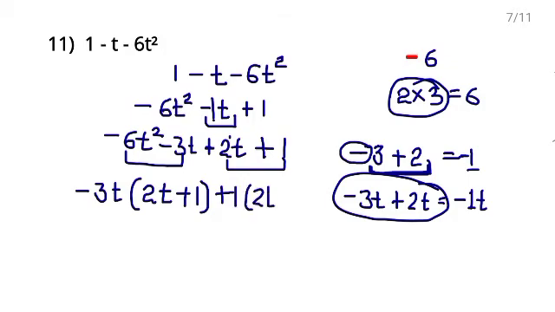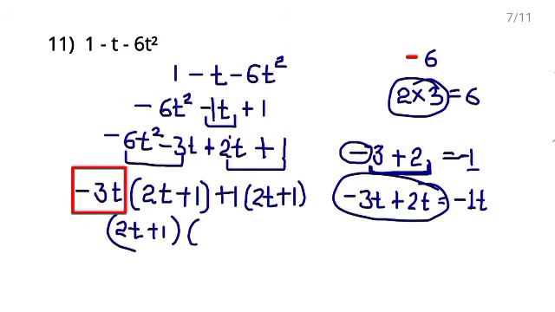Now this is 2t plus 1. Now these are common binomial factors, so take them common. 2t plus 1, in the bracket you have this minus 3t plus 1, so right here minus 3t plus 1.